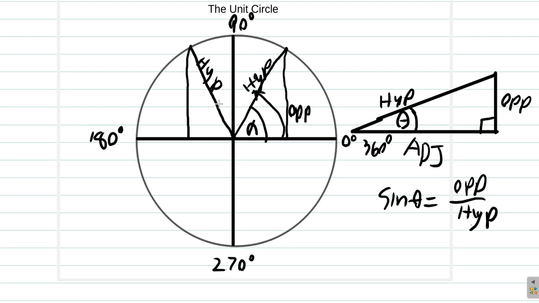You can see that. But the opposite is now here. You see that? Now this is going to be the same as alpha. So it's just that you're reflecting this right angle triangle over here. There's a reflection over the y-axis.